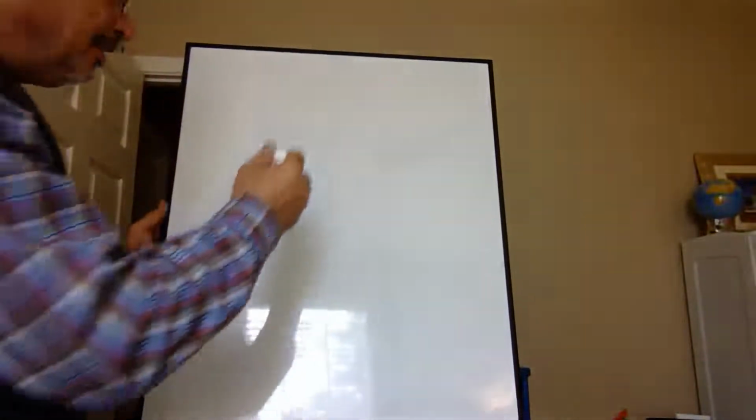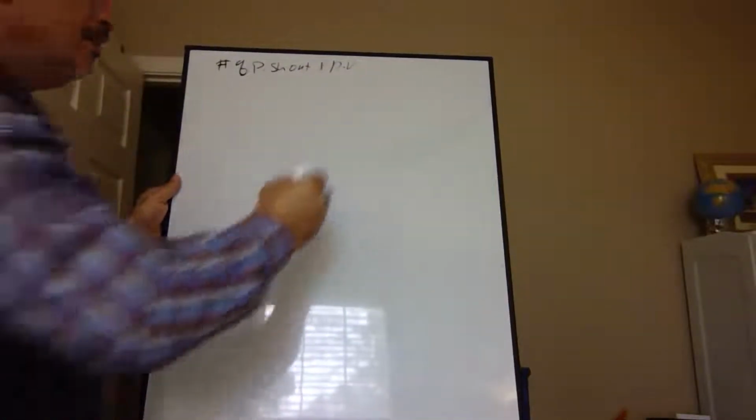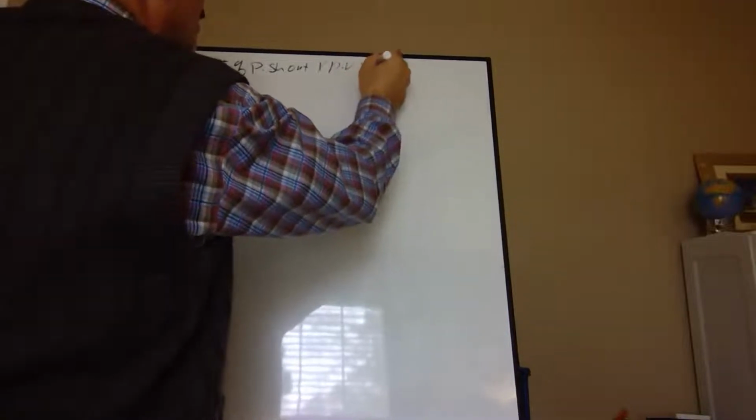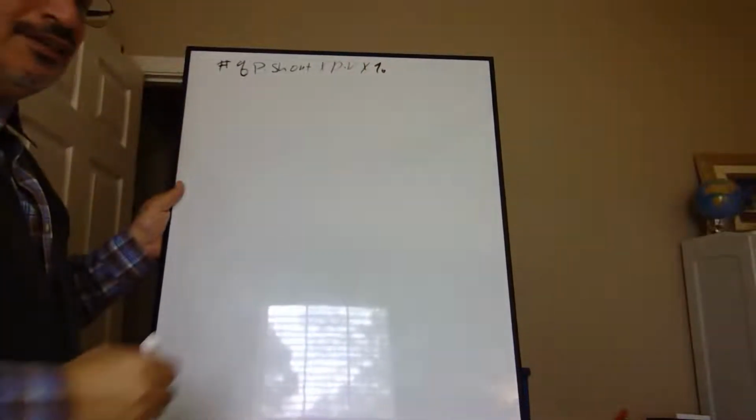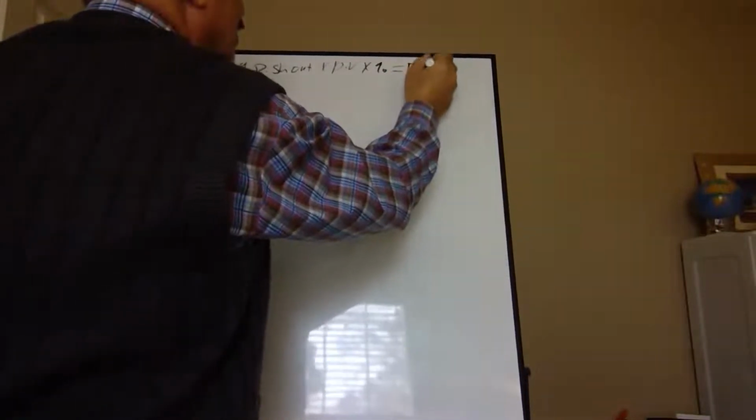The dividends will be the number of preferred shares outstanding times the par value of the shares times the percentage given, and that gives us the dividends that belong to the preferred shareholders.